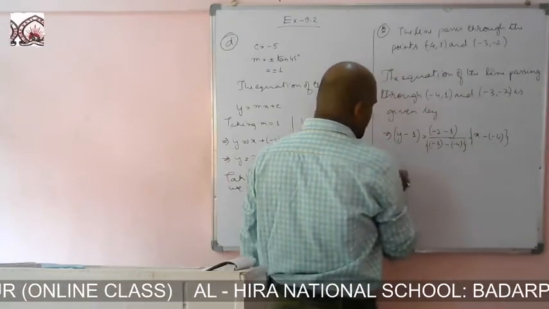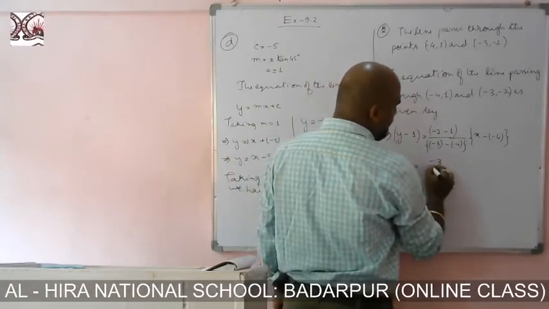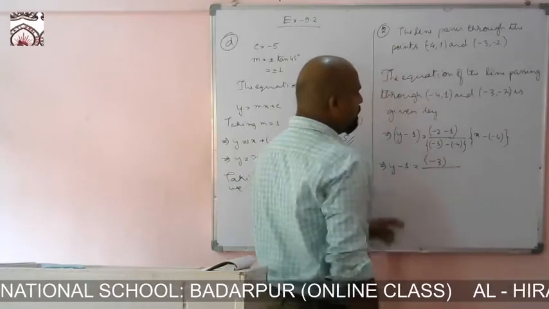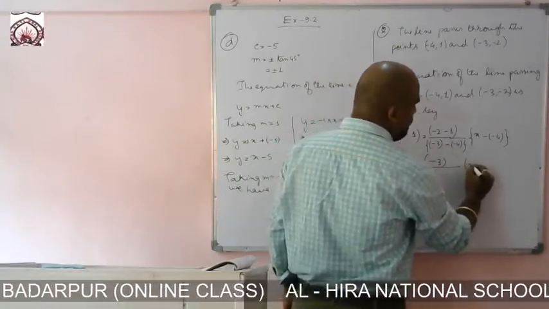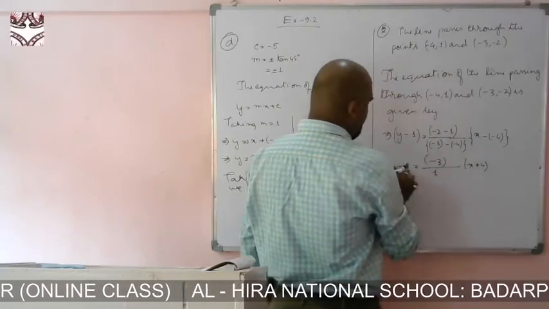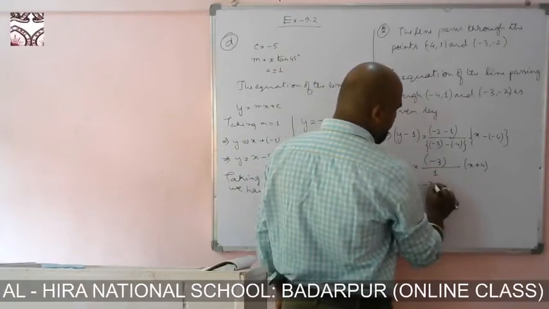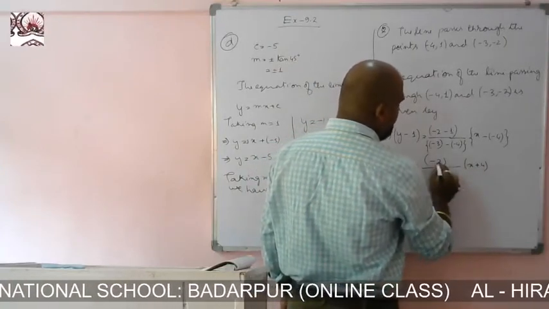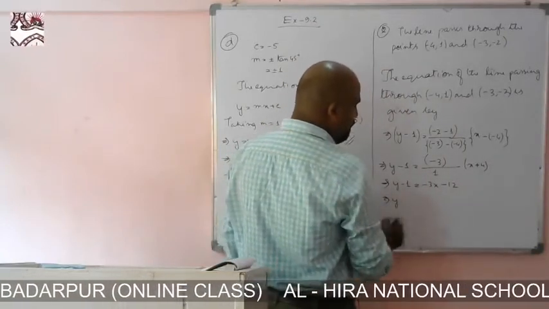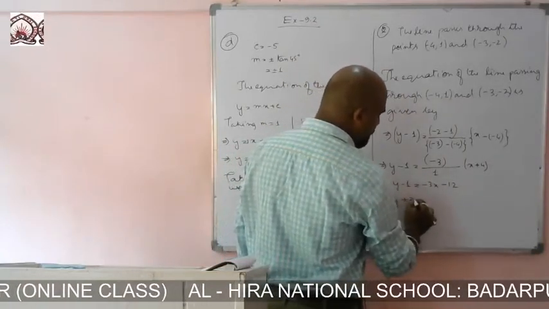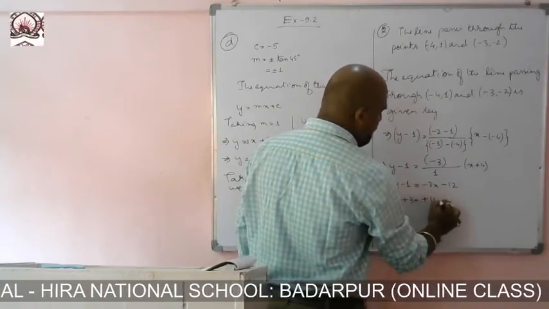Then the equation y minus 1 equals minus 3 divided by 1 into x plus 4. Multiplying, y minus 1 equals minus 3x minus 12. Moving terms, it becomes 3x plus y plus 11 equals 0.